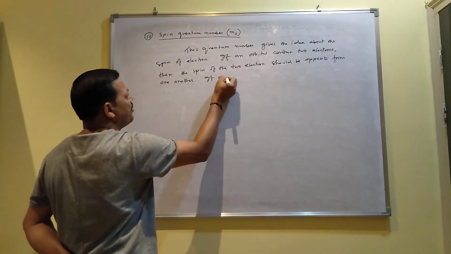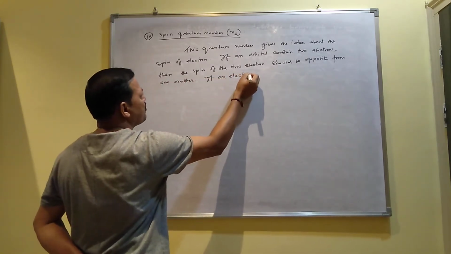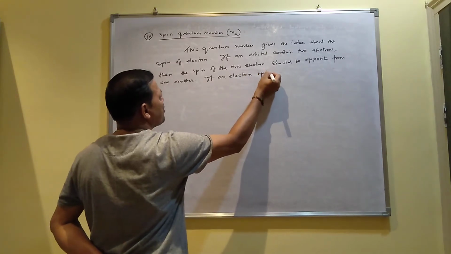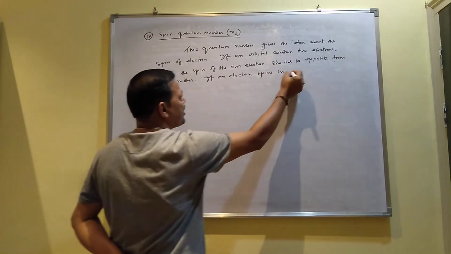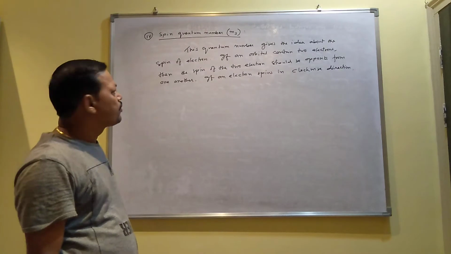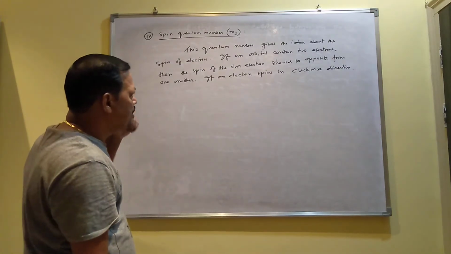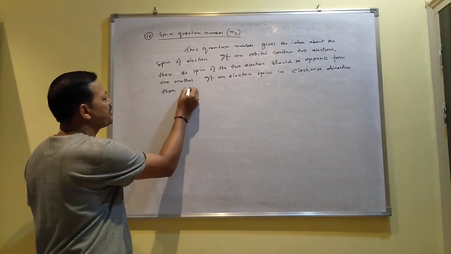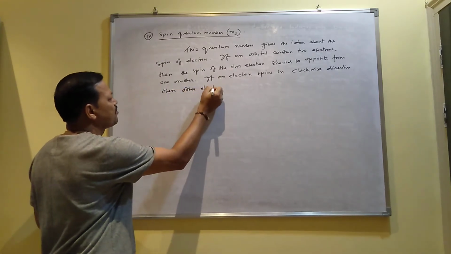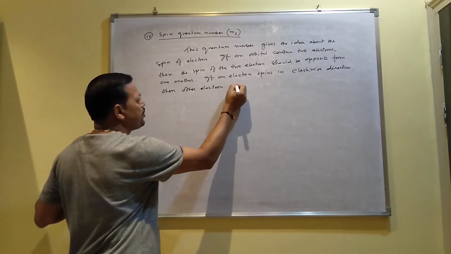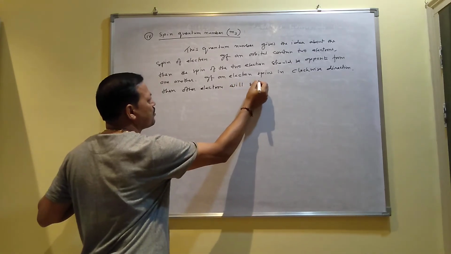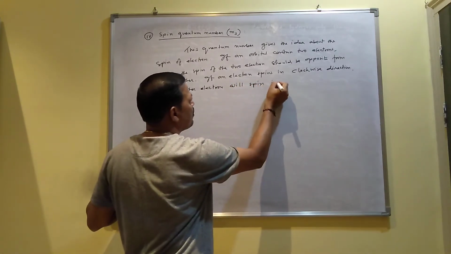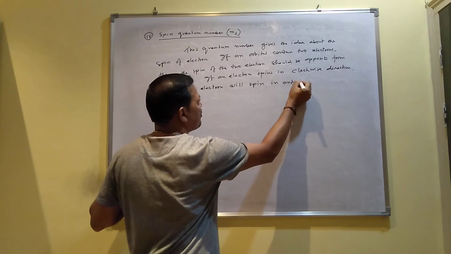If an electron spins in clockwise direction, then the other electron will spin in anti-clockwise direction.